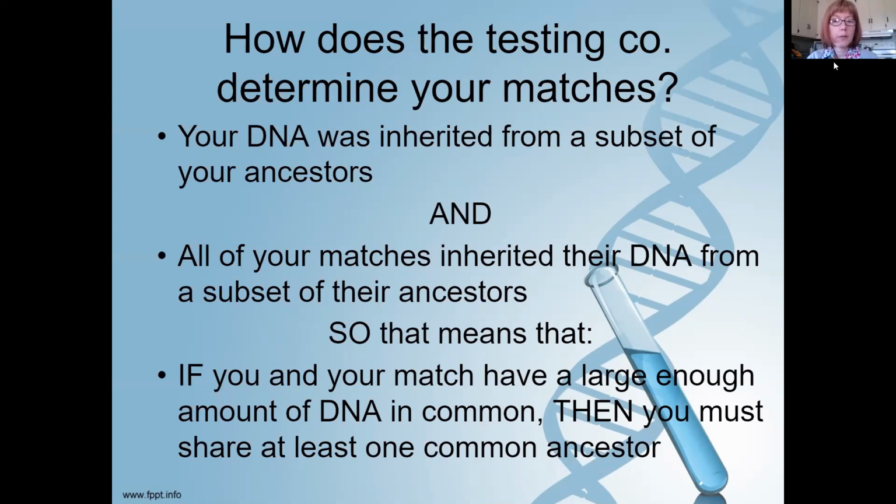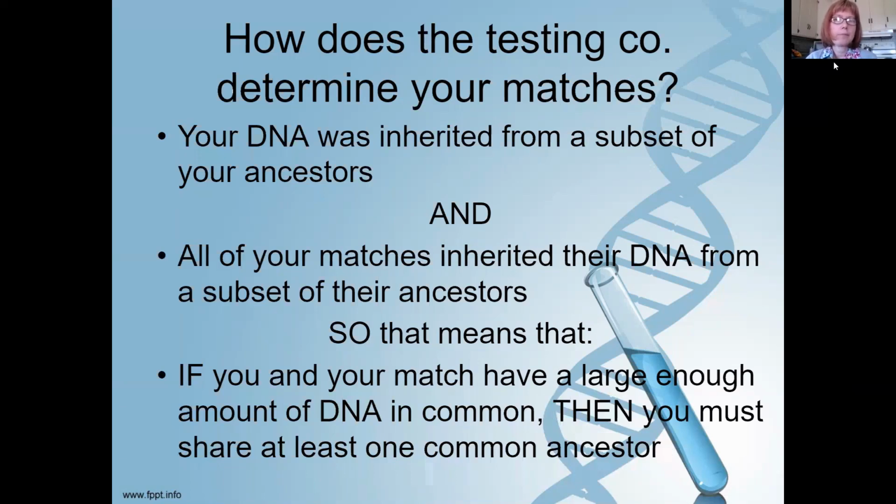So if you and your match have a large enough amount of DNA in common, you must have at least one common ancestor. So there's a matching threshold that the companies have. They're not going to give you matches that are tiny amounts. They're going to say, you have to have a match that's at least close enough that we can say for sure that this is really a match.